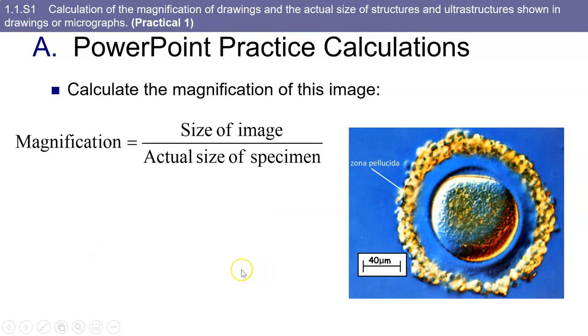So we're going to actually practice with this particular picture over here. This happens to be the human egg cell. Our goal is going to be to figure out the magnification of this image. So the problem tells us we want to know magnification.